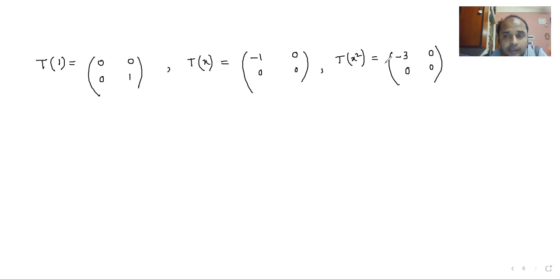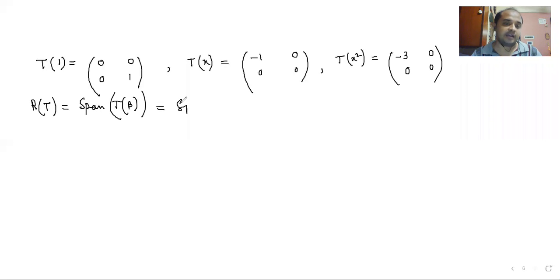So all the elements have been obtained, and by the earlier theorem, we have R(T) is equal to the span of T of beta. We know this. So what will be R(T) in this case?